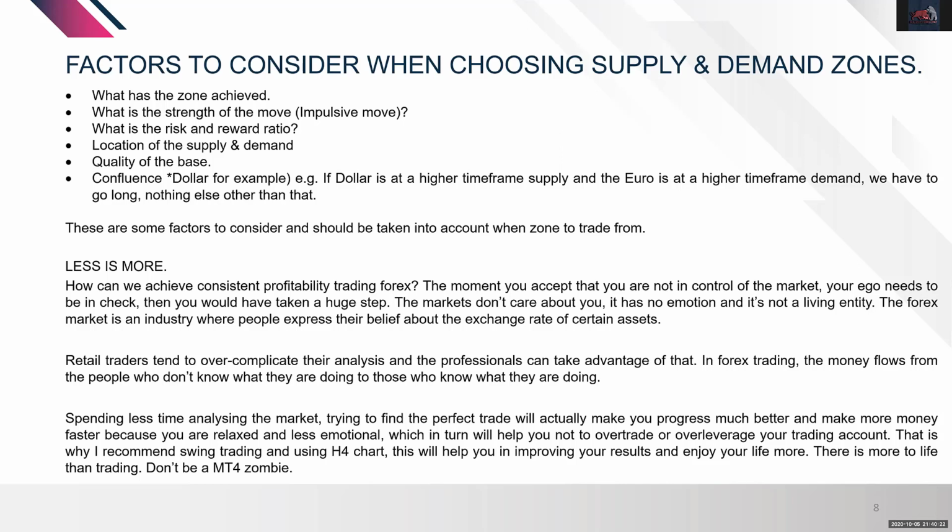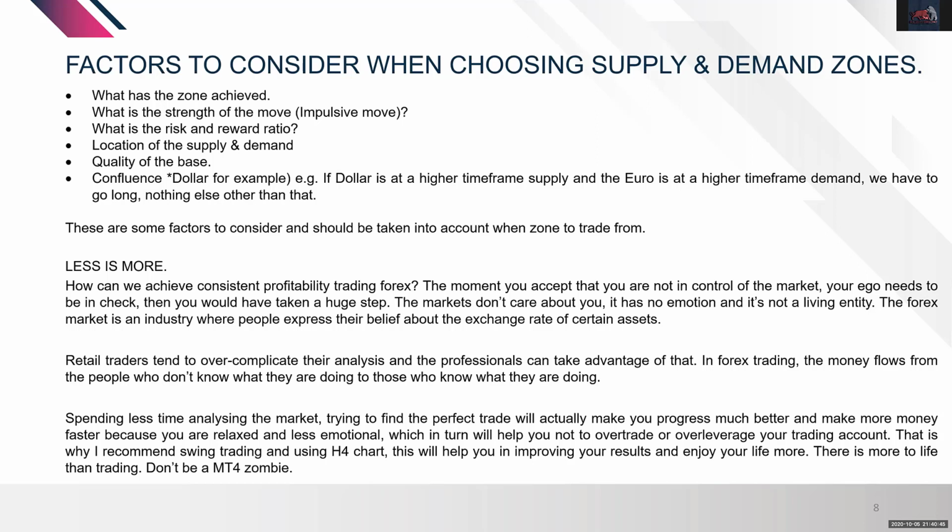The moment you see a supply zone or a demand level being tested 5, 6, 7 times, then you need to be very careful, because that level has probably achieved what it wanted to do, as in entice people whether to buy or to sell.